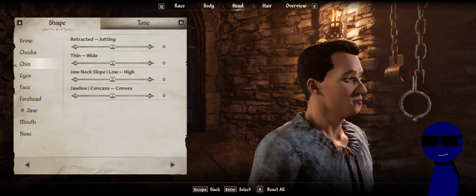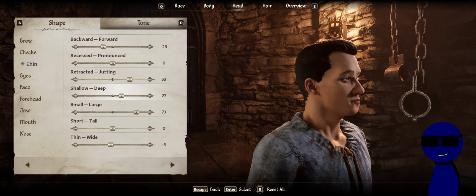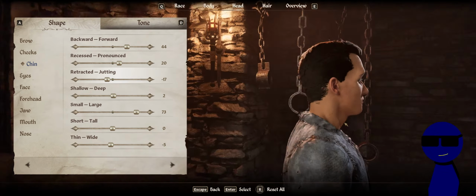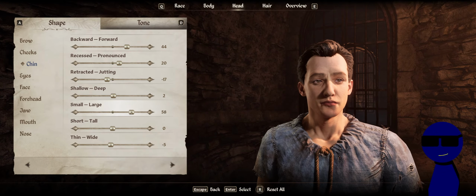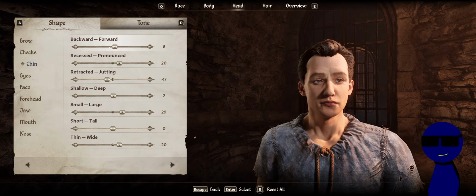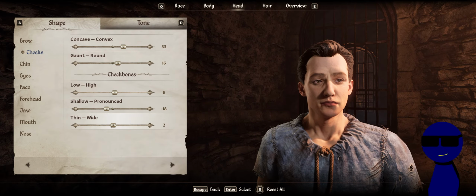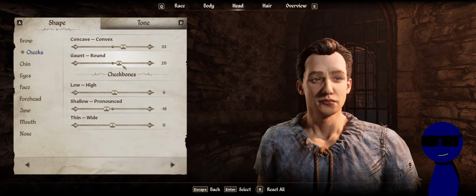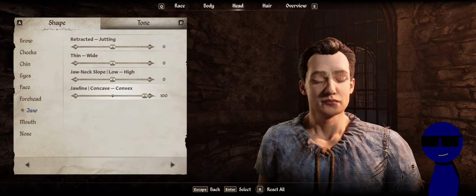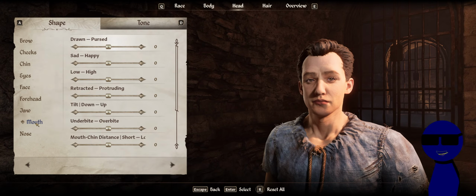Alright, now for the jaw. Right, now for the mouth.